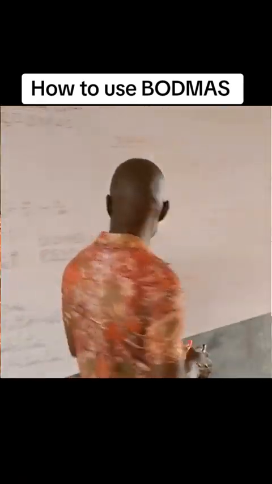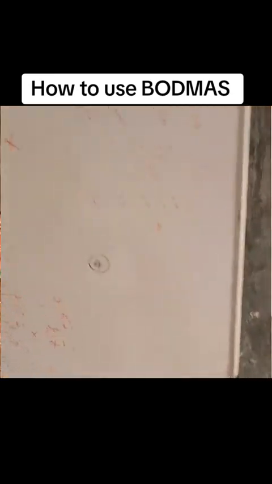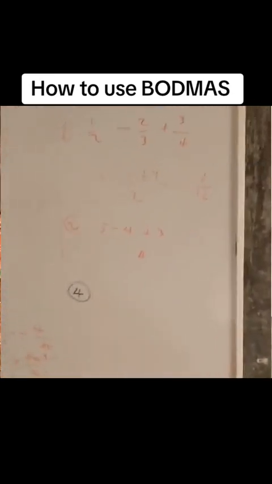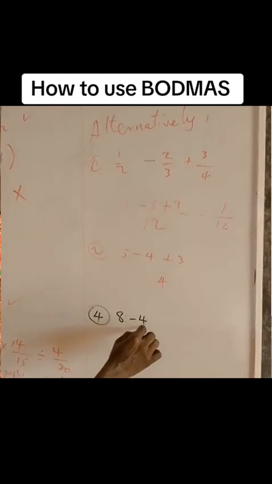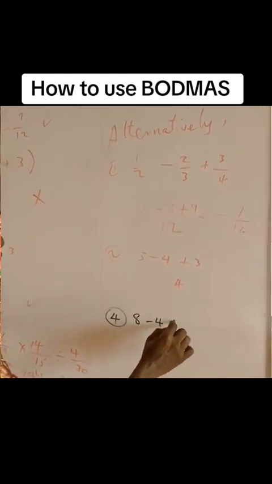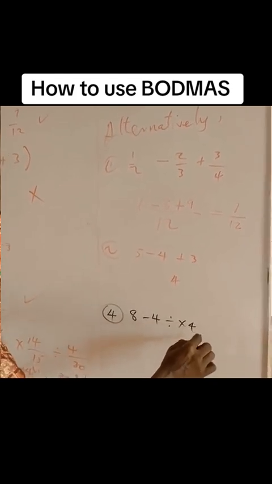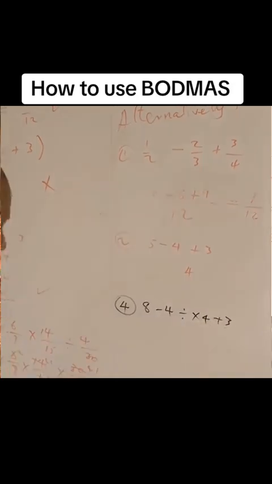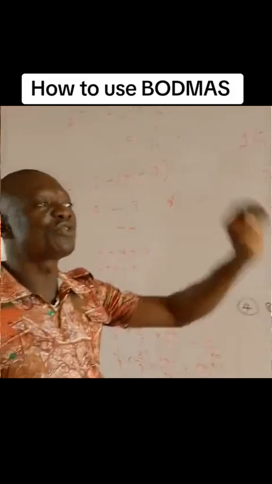Let's go. Question number 4. Question number 4 is saying 8 minus 4 divided by 2 times 4 plus 3. Now, what does BODMAS say? Remember, when they are mixed up like this, we must follow them strictly.